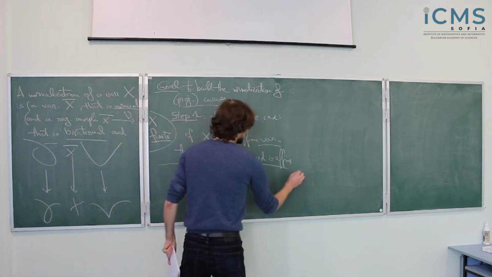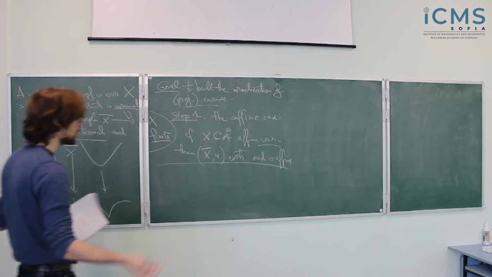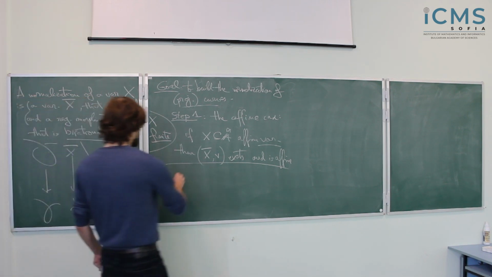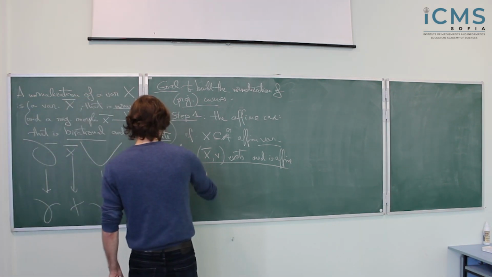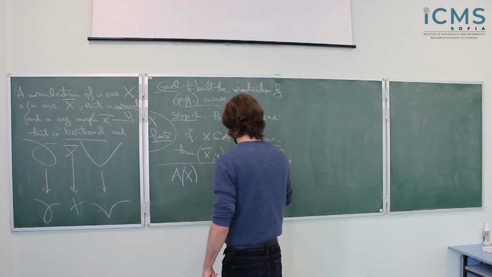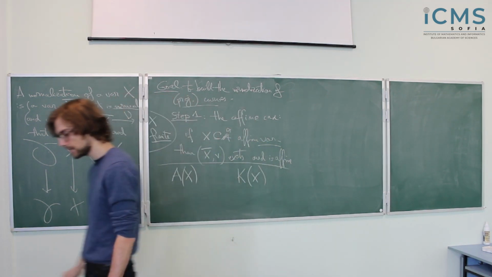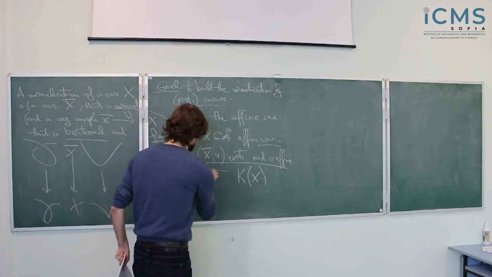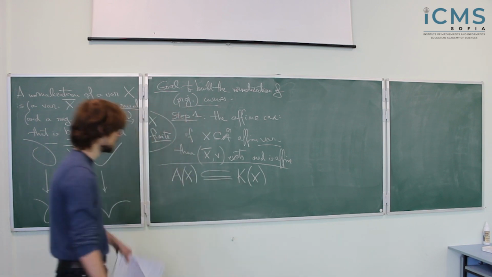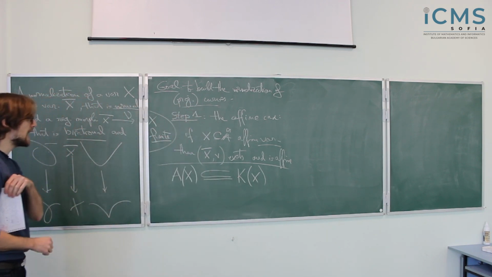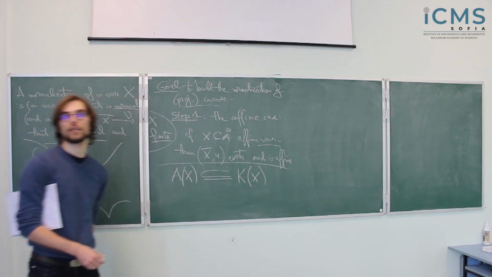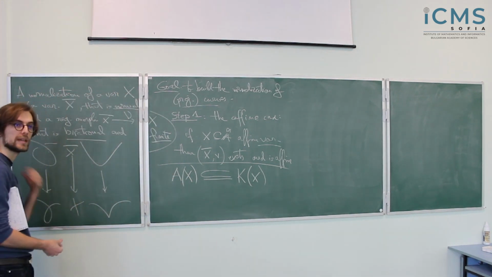Well, if it is all affine, it should all be happening at the level of coordinate rings, right? So I have A of X, its coordinate ring, and K of X, its function field. There's an inclusion between the two, but I know that A of X is potentially not normal, because if it's not smooth, it would not be normal.